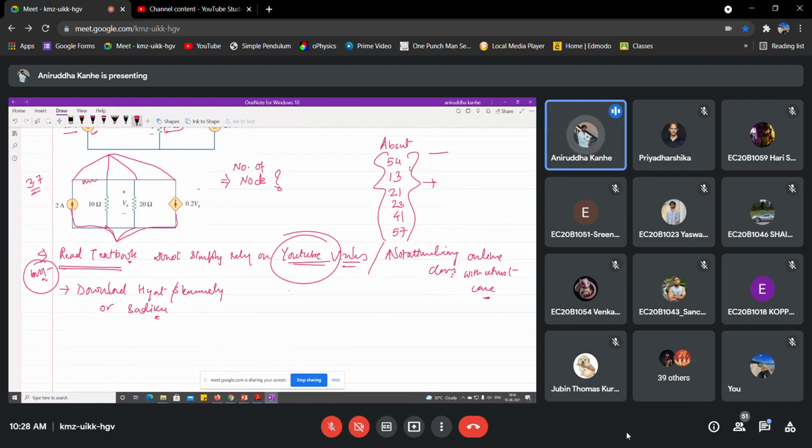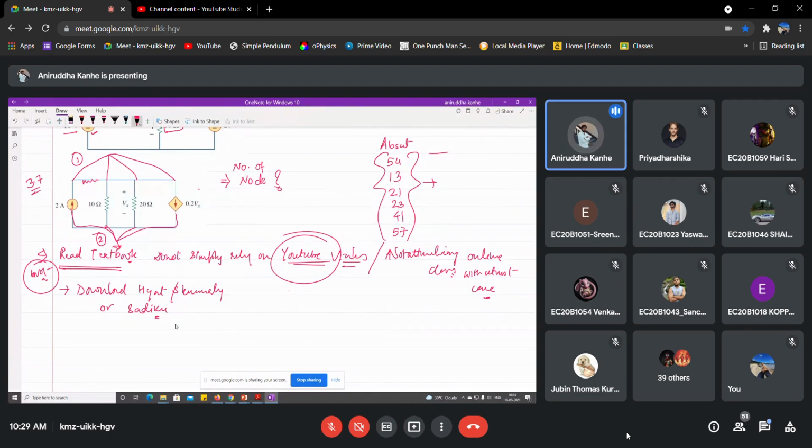Yes, 2. This is node 1, that's node 2. So one node obviously you have to consider as the ground. So let it be ground.